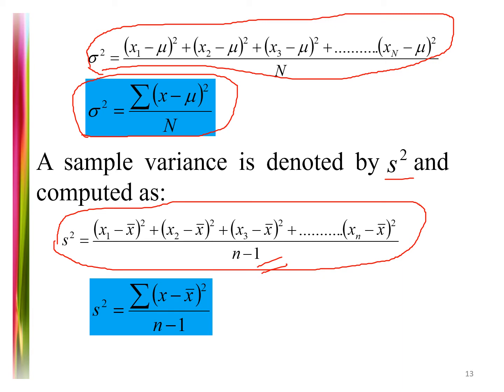Earlier, in the population case, we divided by big N, the total number of individuals in the population, but in this case it is n minus 1, and that is important. So the formula is: S squared, the sample variance, equals summation of x minus x bar squared, divided by n minus 1. We can use that formula in our calculation.